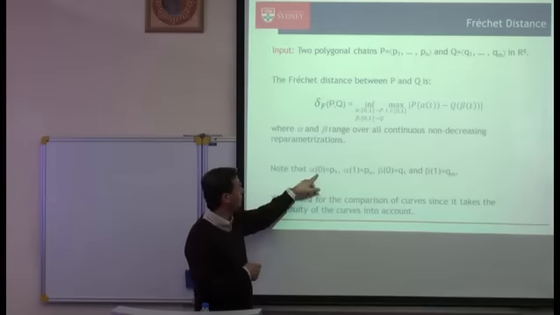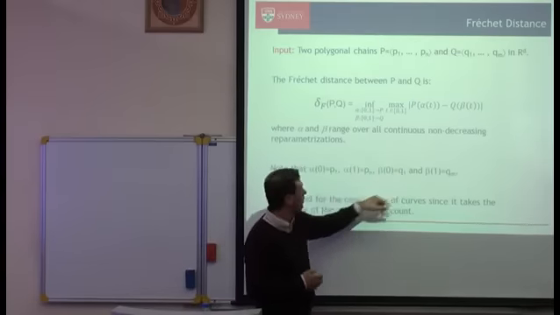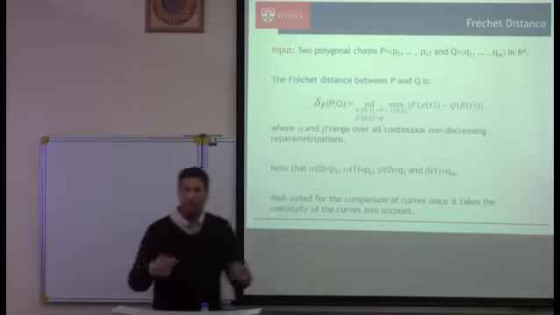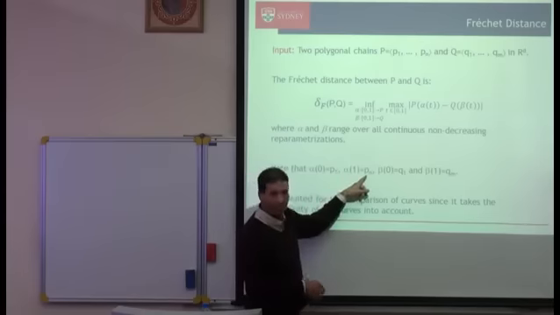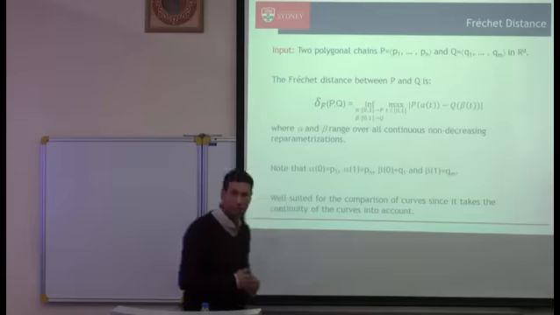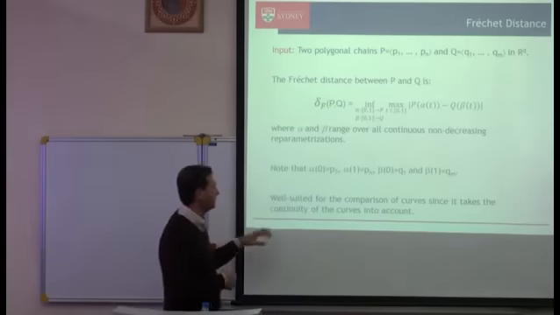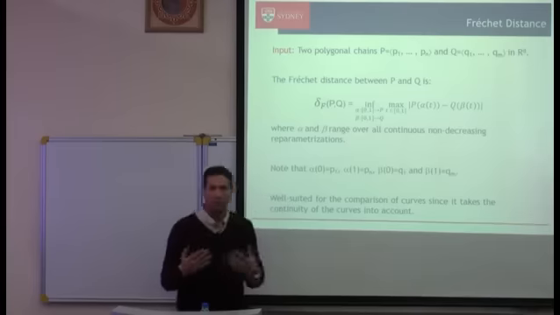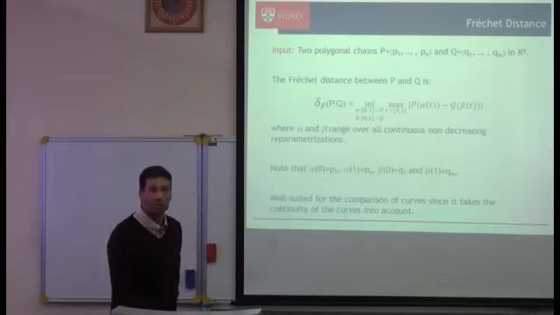So you set alpha of 0 to be the first point. You set beta of 0 to be the first point on the other curve. And they have to end at the end of the curve. So alpha of 1 has to be the end point of the first curve, and beta of 1 has to be the end point of the second curve. Okay? So it has been argued in many, many papers that this is very well suited for comparison of curves. Okay? And it's also the measurement we will use this week.